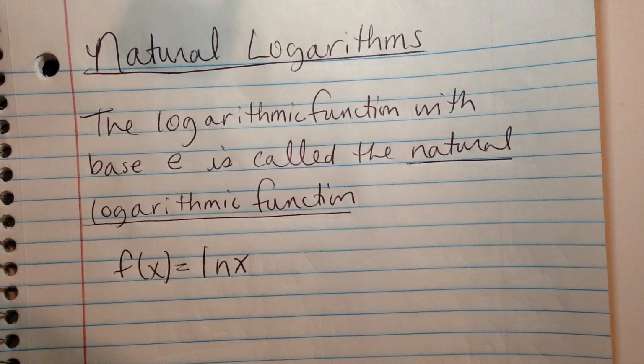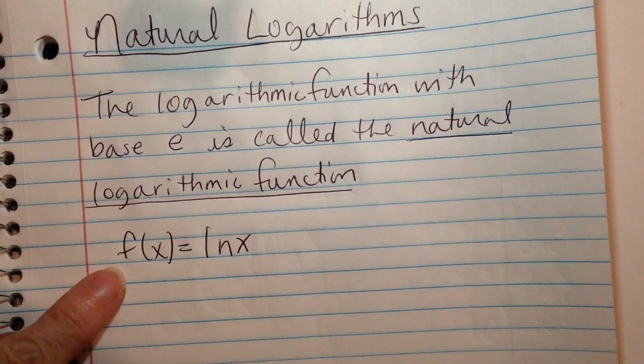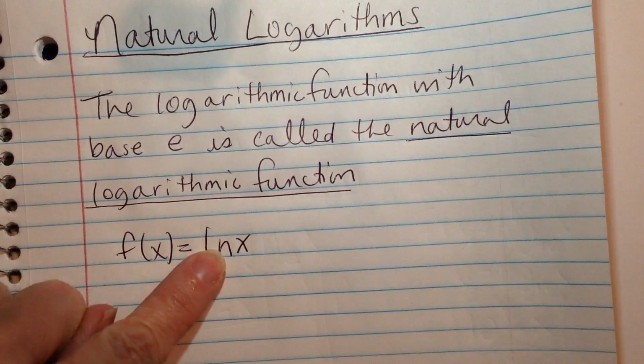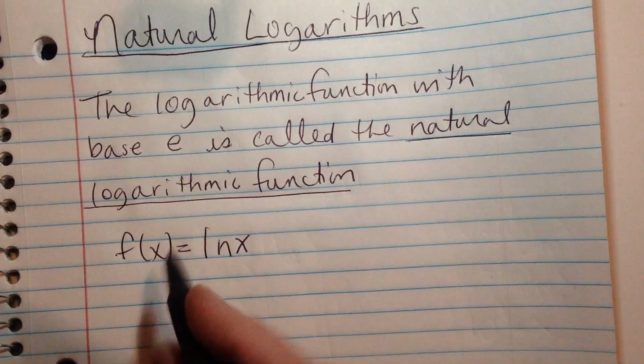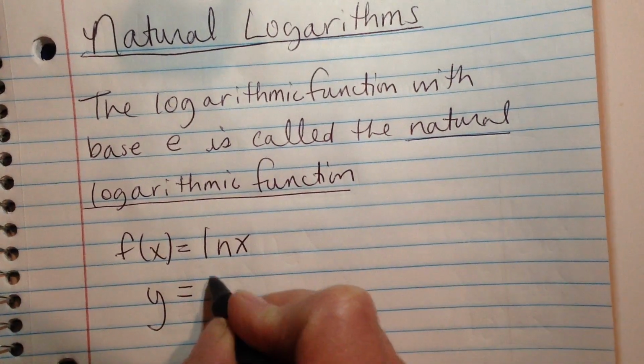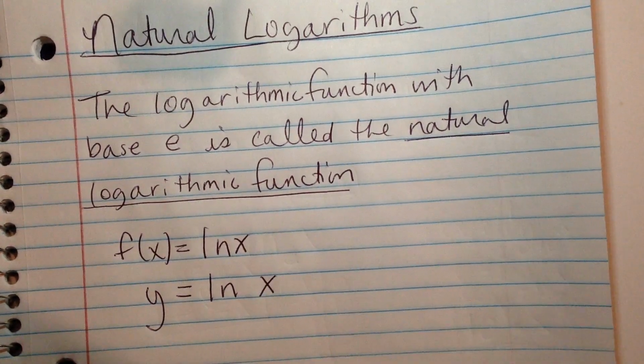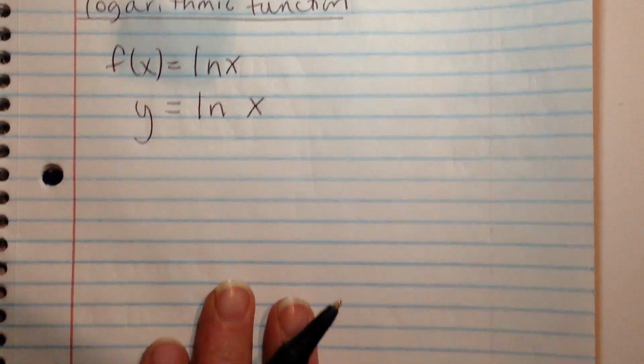Okay? So, if you're asked to graph f of x equals ln of x, some textbooks and teachers say "ln of x." Anytime that you see f of x, that's really y equals ln of x. To graph a logarithmic function, we will first change it to exponential.